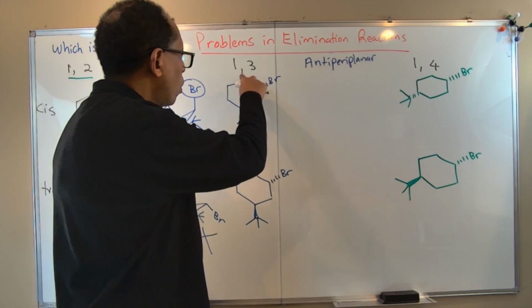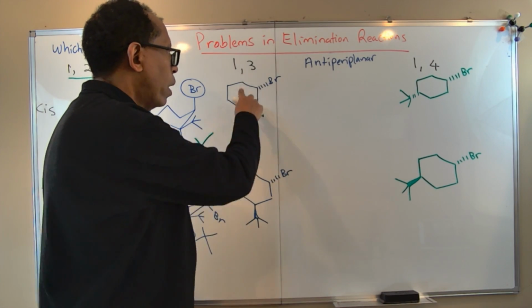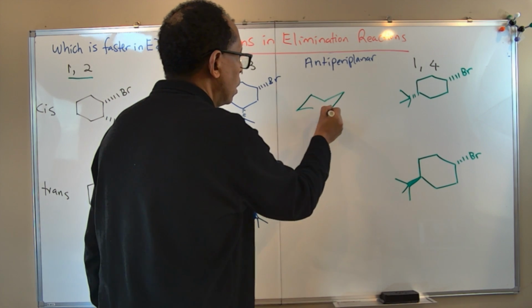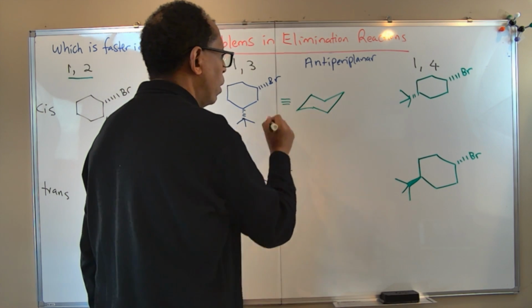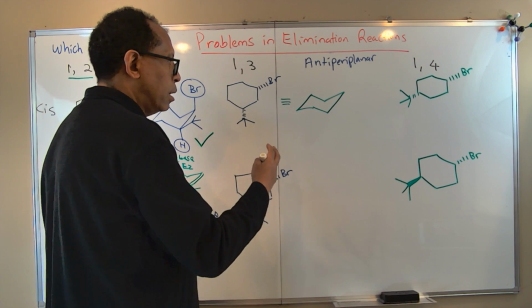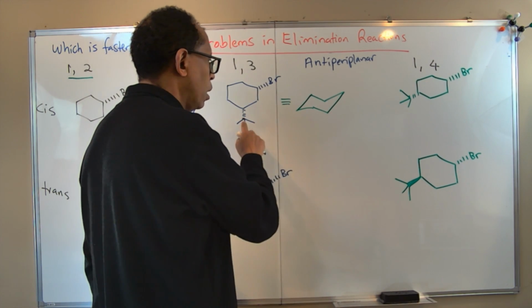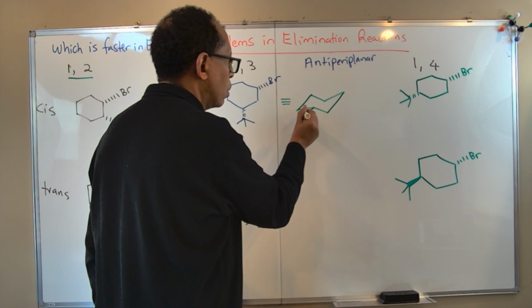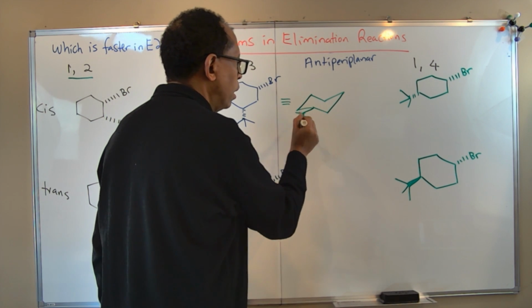Let's go to 1,3 cis, 1,3. So it's 1,3 position. The chair form of 1,3 cis would be, as I said, the T-butyl group has to be equatorial. The 3 position is here, equatorial, and cis.